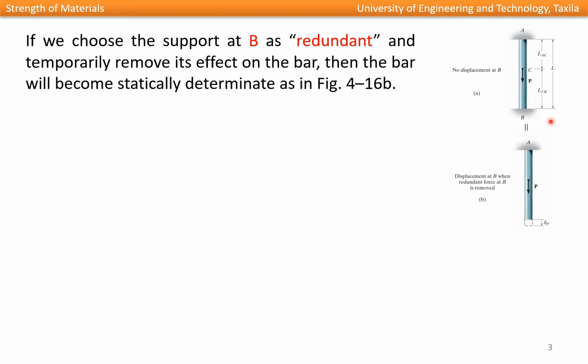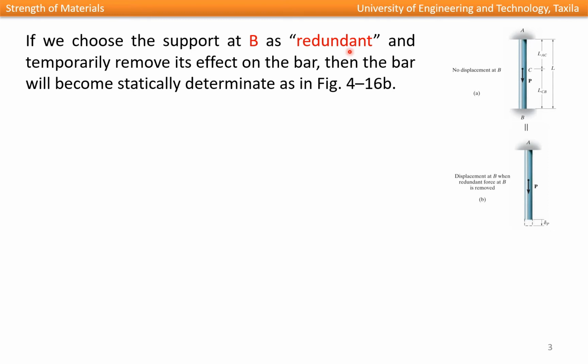So in this case, by using the law of superposition, we take one of the support reactions, for example the reaction FB at support B, as redundant, and we will temporarily remove the effect of this support. Redundant means the extra thing which is making something indeterminate.